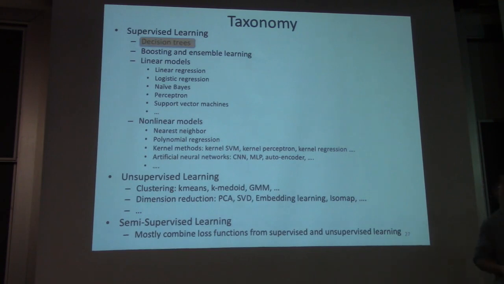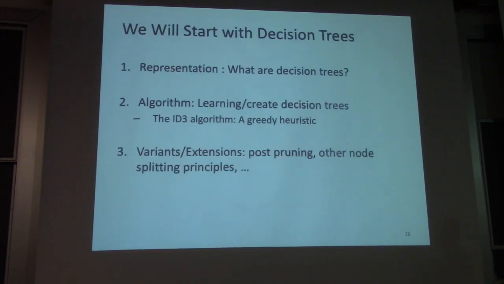And among those supervised learning algorithms, we'll start with decision trees. That's our first machine learning algorithm. So we'll introduce first what is a decision tree, the representation. We see a decision tree is essentially a compact data representation or compact data summary.